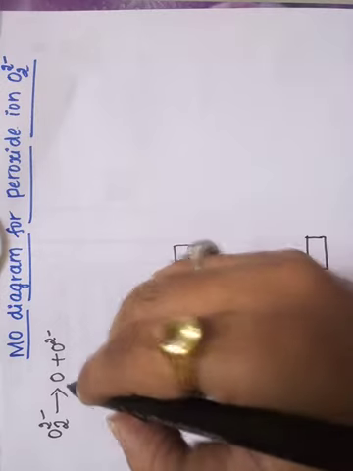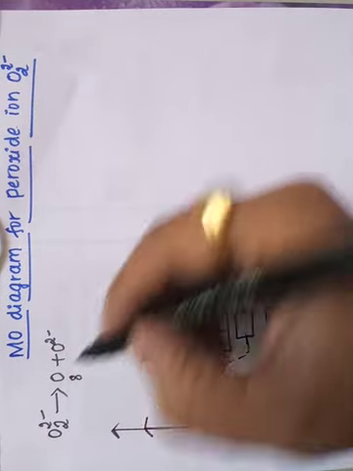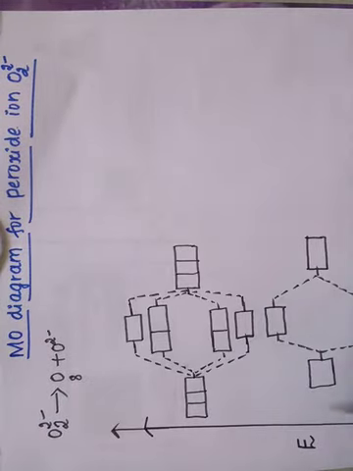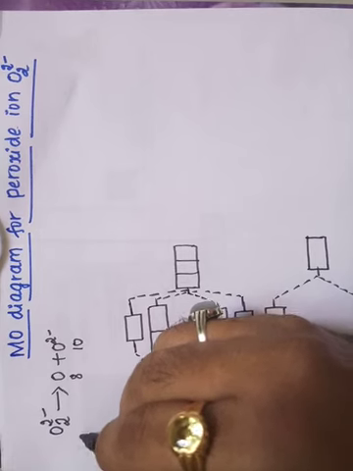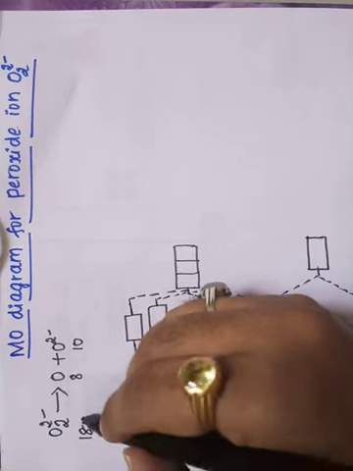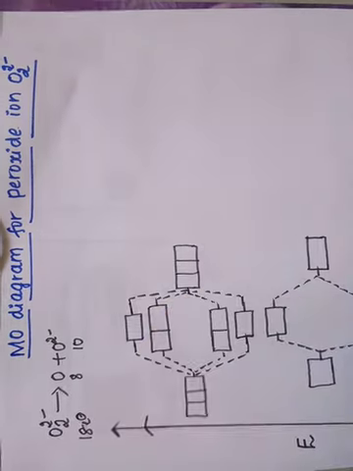The oxygen atom contains 8 electrons and the oxide ion contains 10 electrons. Therefore the peroxide ion contains a total of 18 electrons.